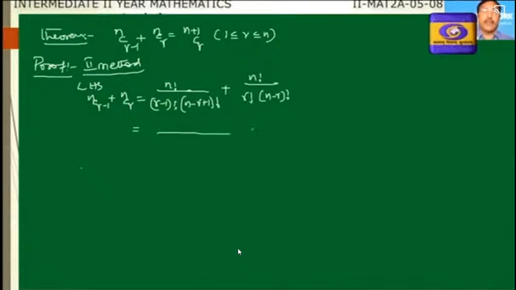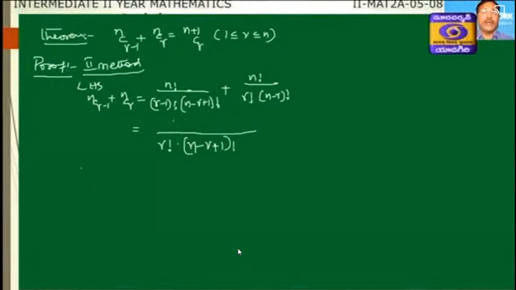Now take LCM. What is LCM? n minus 1 factorial and r factorial... r factorial, that is LCM, into n minus r plus 1 factorial and n minus r factorial. This is n minus r plus 1 factorial is LCM. Now according to the process of LCM, we have to divide this LCM by this denominator.